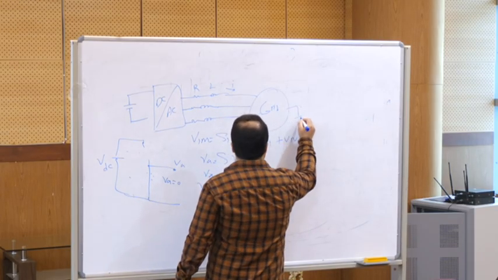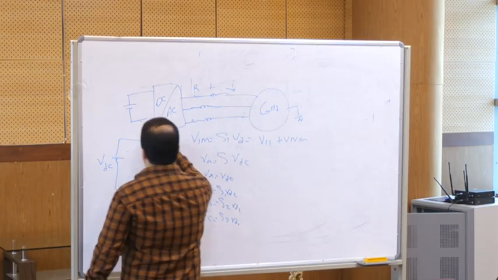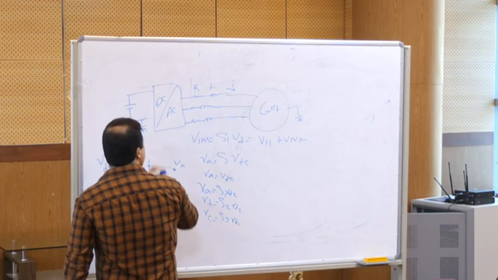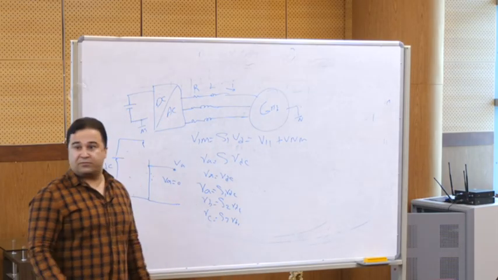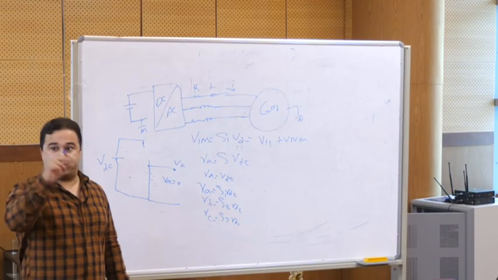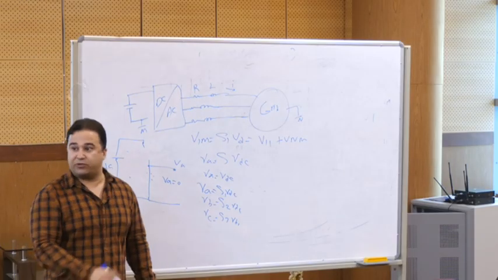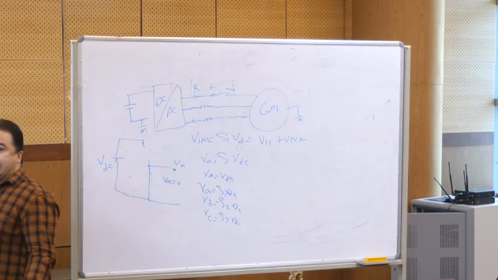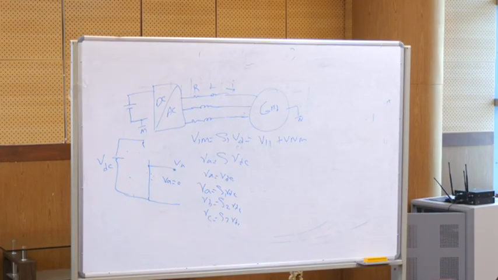N is the neutral point for here, M. So voltage of the phase plus voltage of the neutral point. Is it clear for everybody? It's from power electronics. I can prove it, but it takes 1 hour. If you want, I can do it, or you can accept it.